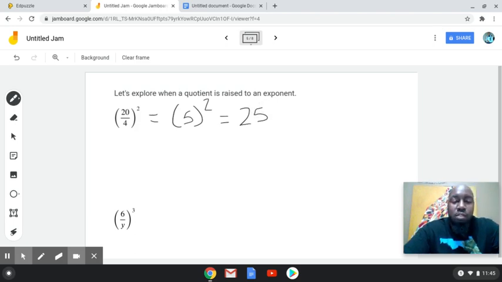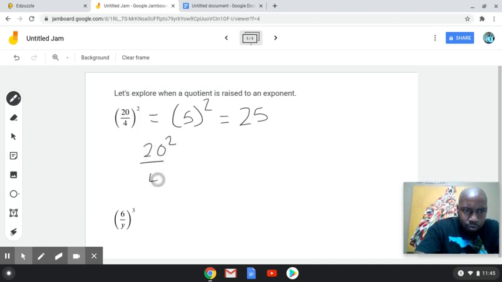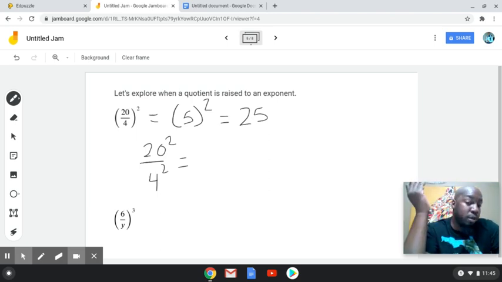Let's look at a different way though. Let's say we took this 2 and we distributed the same way we distributed with the power of a product property. Let's try to distribute now when we are dividing two numbers and you have a quotient. So let's say we had distributed 2 and this becomes 20 squared over 4 squared. First off, what is 20 squared? Well, it's 20 times 20.